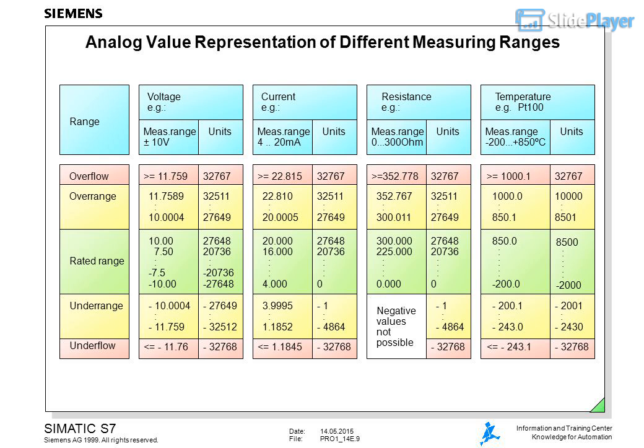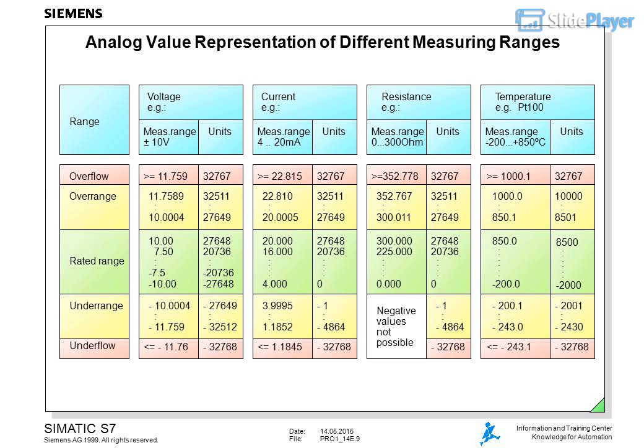Measuring range 0 to 300 ohm, resistance. For example, greater than or equal to 352.778, 352.767, 300.011, 300.000, 225.000, 0.000. Negative values are not possible.